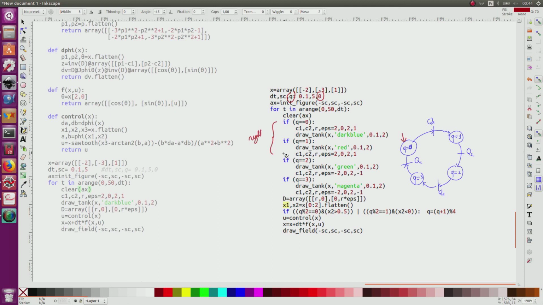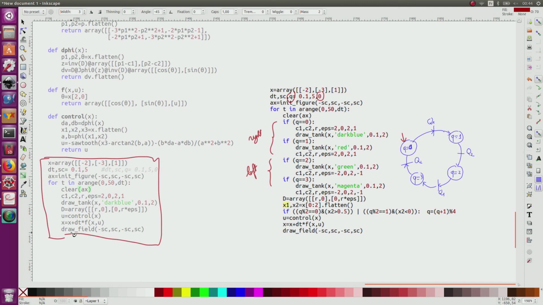For q equal to 2 and q equal to 3, I follow the left circle. And I draw the robot with different colors for the simulation. I take exactly the same program as before. I do not change anything here. I only change this part, where I added the automata.